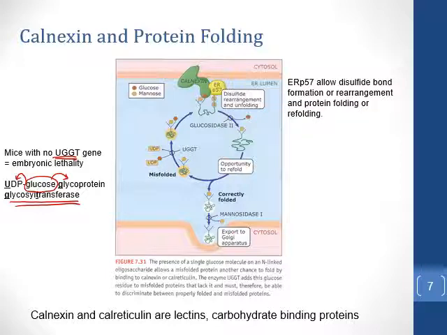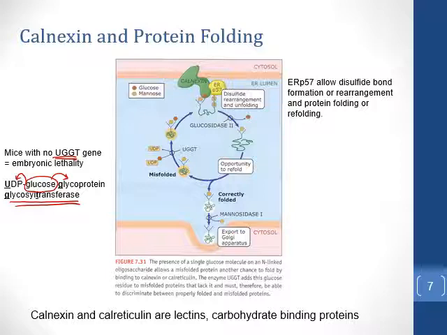And it turns out if you knock out the gene that encodes this UGGT protein, that it's embryonic lethal. That means that mice die in utero. If knocking out a protein is embryonic lethal, it tells you that that is a really, really important protein. In other words, it's not as if the mouse is born and it's just got some abnormality. It can't even be born.